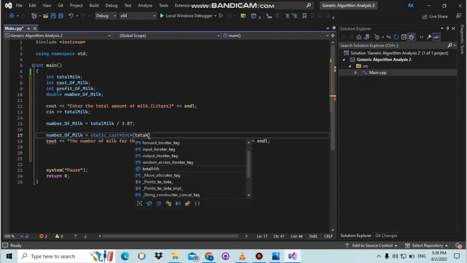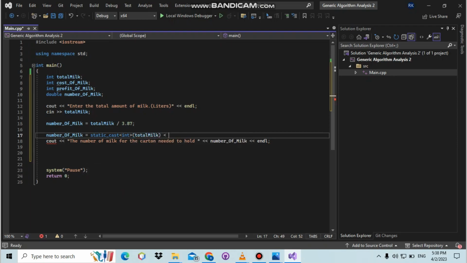So the static cast, guys, just converts the double here. Why I'm making it double is because 3.78 is a double, a decimal number, which means total milk could be an integer. But by definition, when calculations take place, there will be a decimal number displayed here.